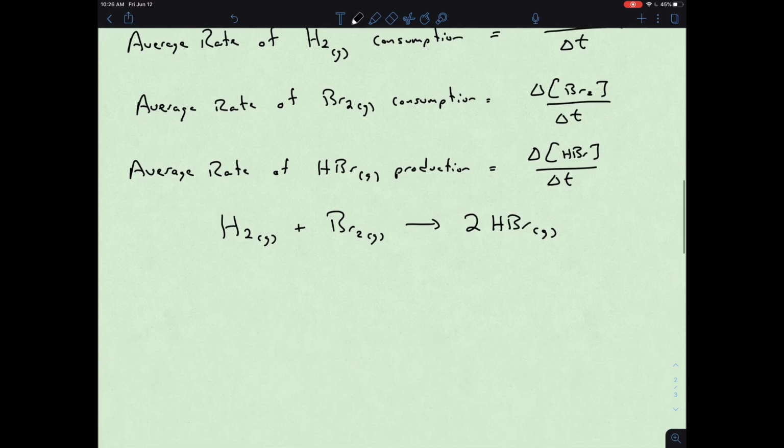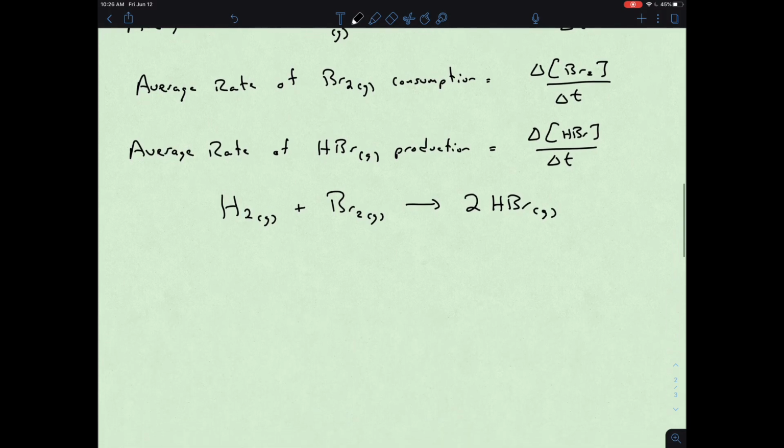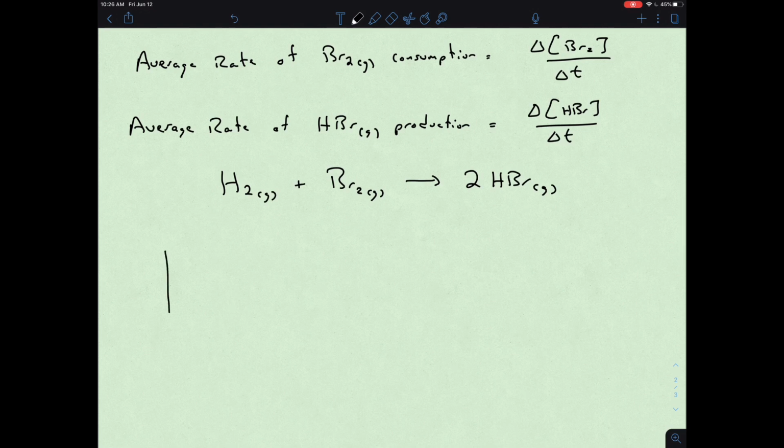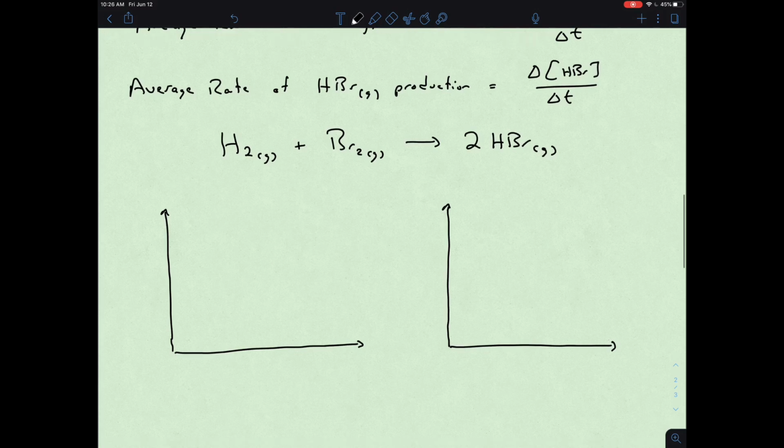Now, if we were to look at plots of these, what we would see is very much the same, but it really depends on whether we're talking about a starting material or a product being produced.